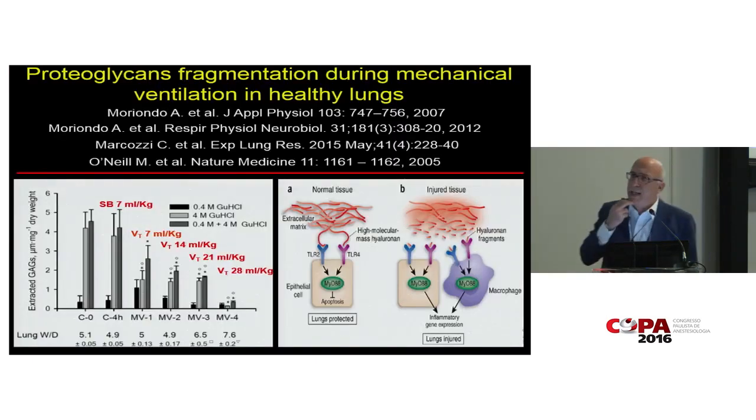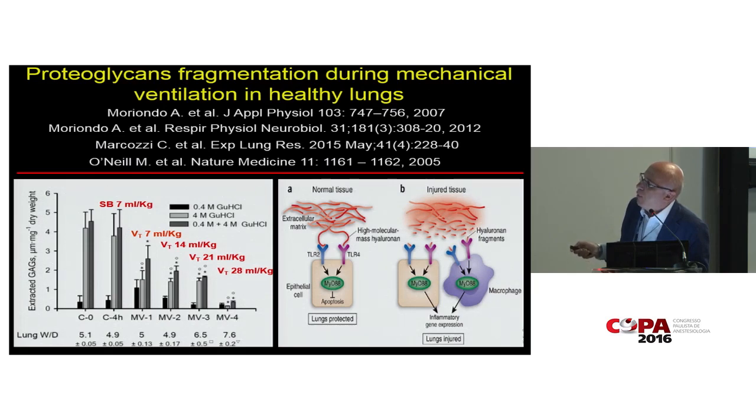So there are some preclinical studies. These are some from our group. We looked at the effects of mechanical ventilation in non-injured animals. You see here the extraction of proteoglycans from the extracellular matrix, during spontaneous ventilation or after 4 hours of mechanical ventilation with so-called physiological low tidal volume and progressively increasing tidal volume.